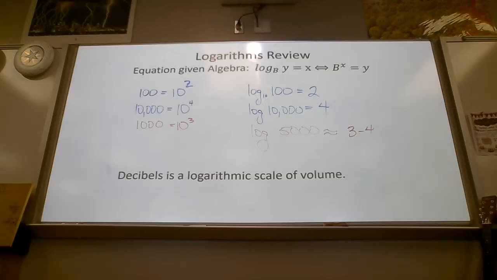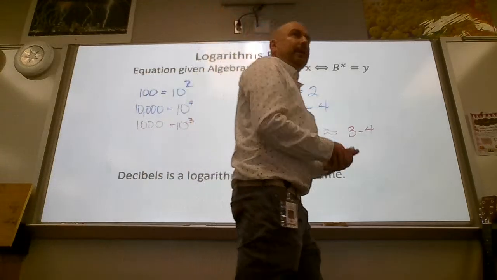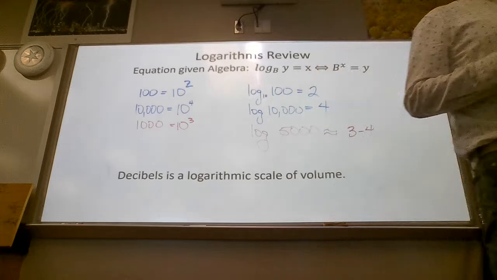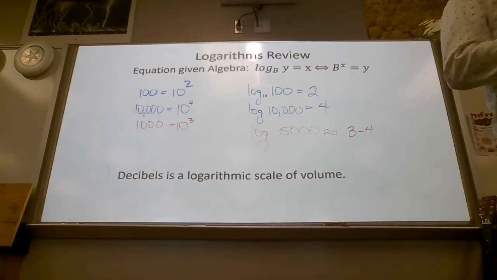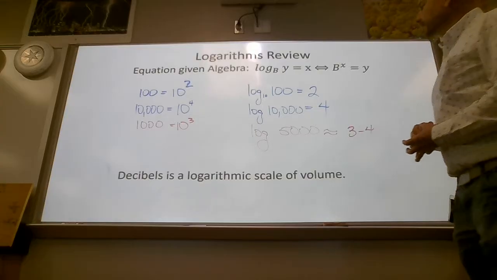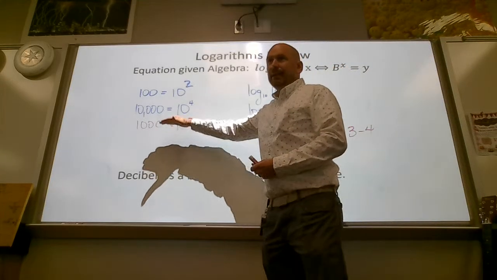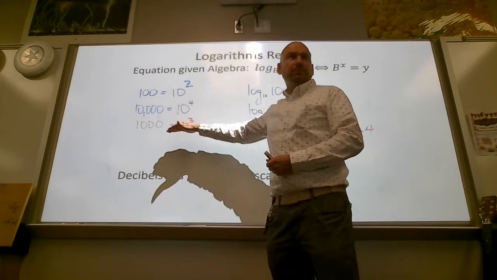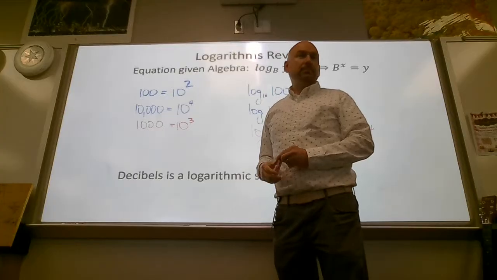To actually figure out the answer, it's not intuitive. It is not 3.5. Because a logarithmic scale is not linear. It is not intuitive. You must use a calculator if you're not given these easy type of questions. Does that make sense?